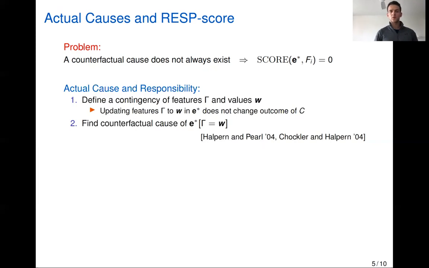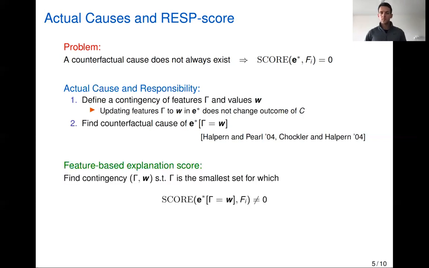So in our scenario, a contingency would be a set of features gamma with values W, such that if you change the original entity E star so that the features gamma take values W, you do not change the outcome by the classifier C by itself, but you are able to find a counterfactual cause for this updated entity E star.